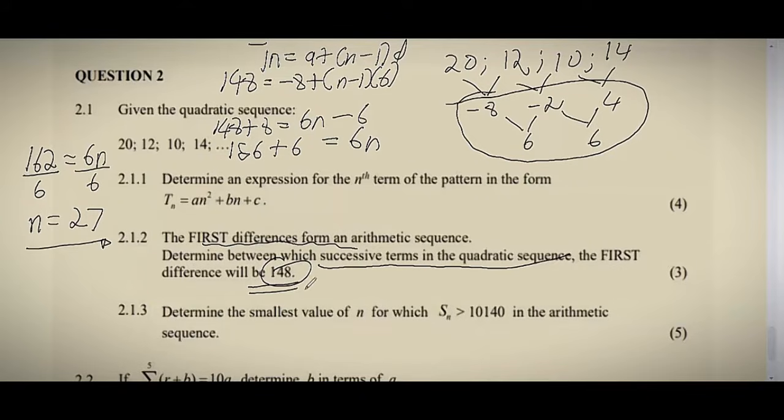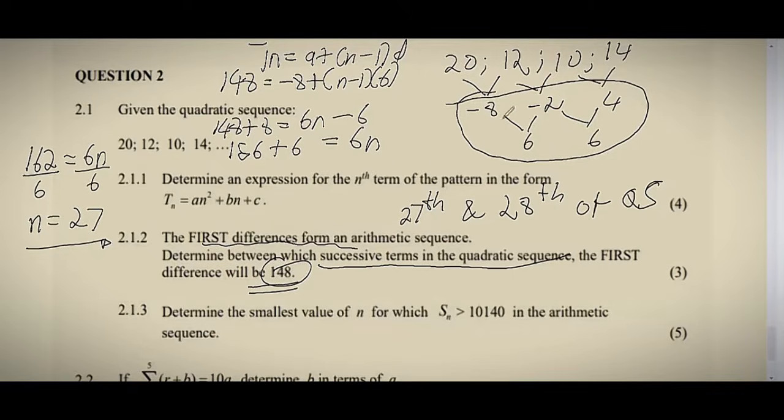Now, if 148 is found in the 27th position of the first differences, we already know from doing a whole lot of questions like this that it will be located between the 27th and the 28th term of the quadratic sequence, right?